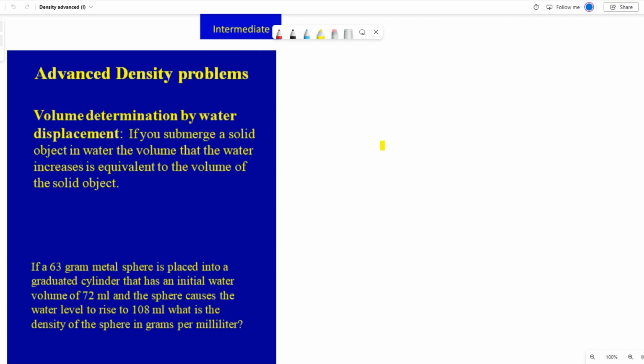into water. So if you have a graduated cylinder, and a graduated cylinder is just a long, relatively thin piece of glassware, and it's calibrated going all the way up. And if you were to add some water into that, let's say this water's initial level is 50 milliliters.